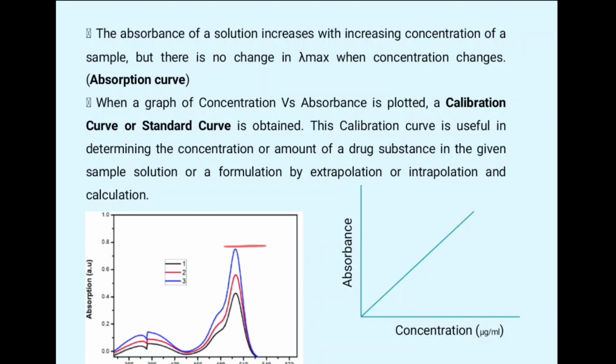And coming to the calibration curve, when a graph of concentration versus absorbance is plotted, a calibration curve or standard curve is obtained. This calibration curve is useful in determining the concentration or amount of a drug substance in the given sample solution or a formulation by extrapolation or interpolation and calculation.